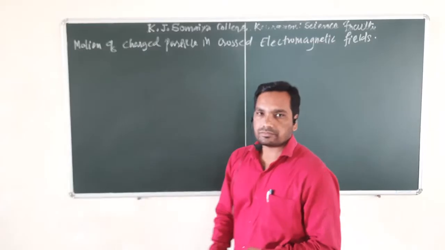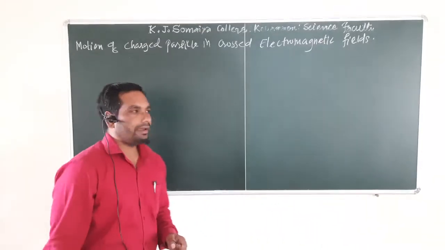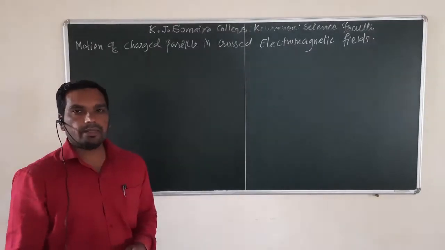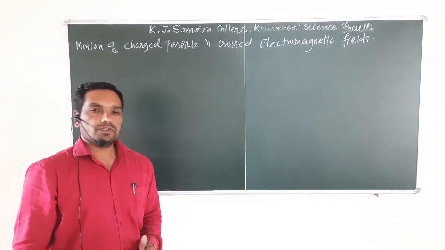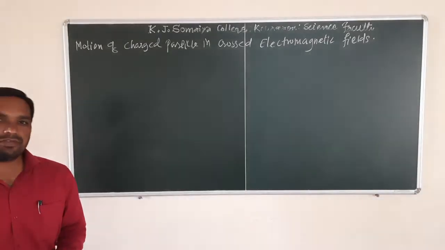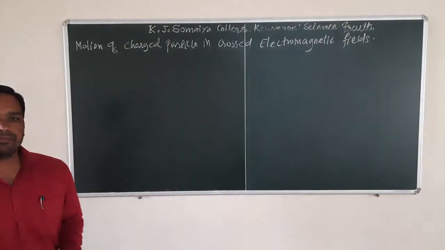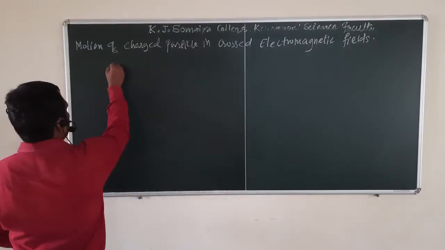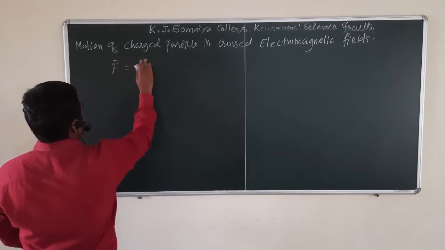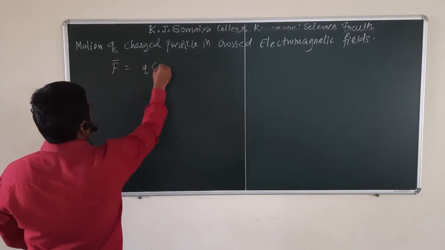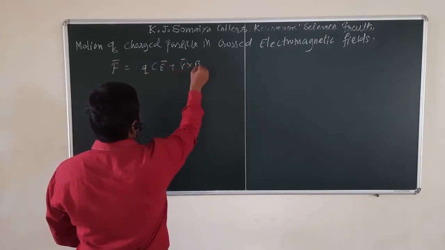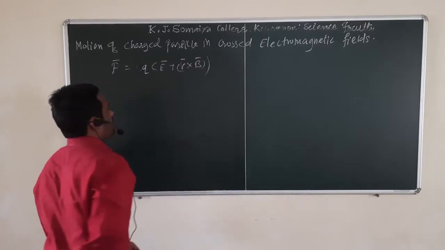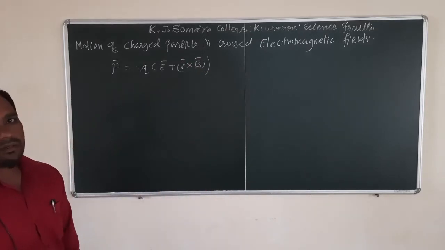We know that when a charged particle enters an electromagnetic field, the Lorentz force acts on it. Suppose a charged particle has charge q and mass m. The equation for the Lorentz force is q(E + v × B). This is the force acting on that charged particle.